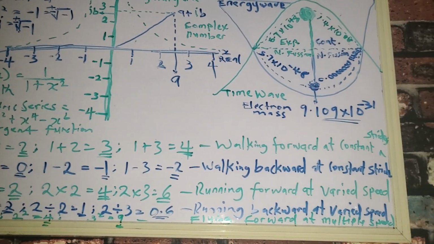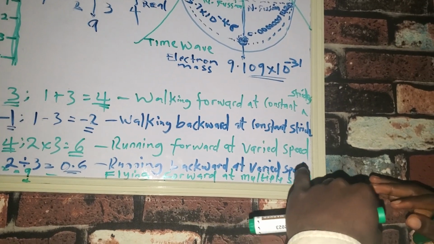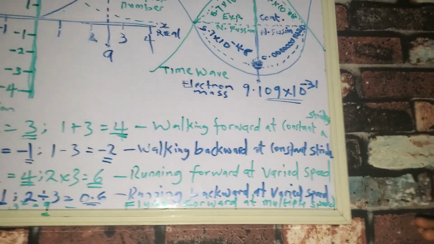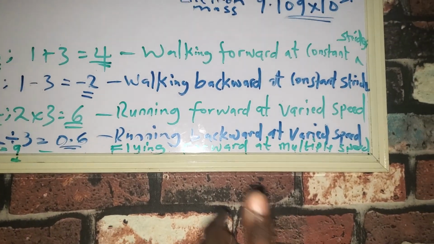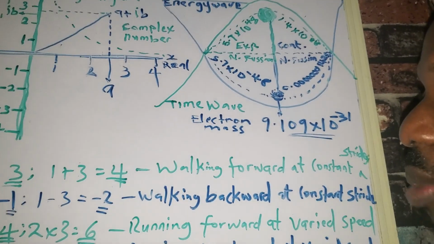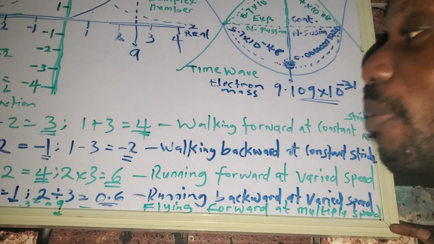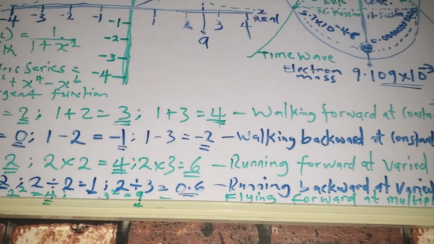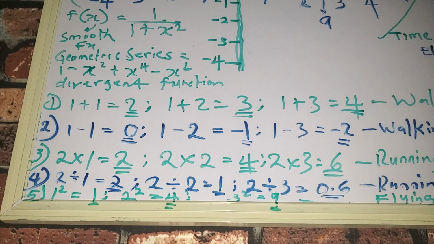So we can see that there are differences and there are discoveries as we perform operations, like addition, subtraction, multiplication, division, then powers and all that. So we usually discover new things as we apply those operations.